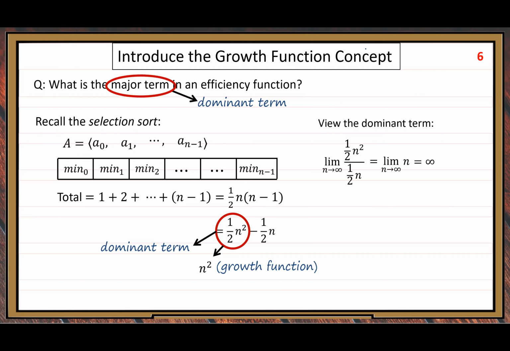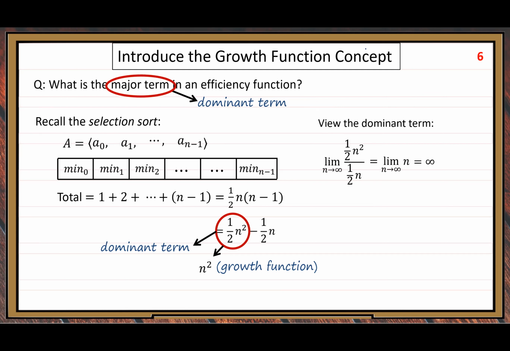Here you may ask me why we use this growth function concept. The simple answer is this: when we compare two different algorithms, we only need to compare their corresponding growth functions. That's enough.